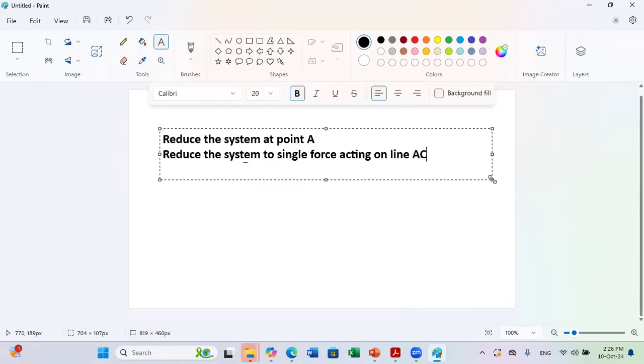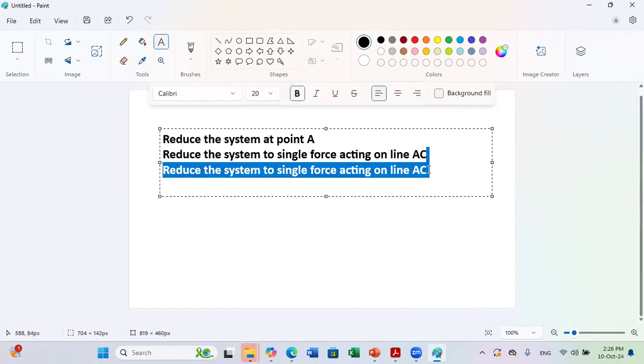Now I will add an additional question: reduce the system to a single force, but now acting on AB.